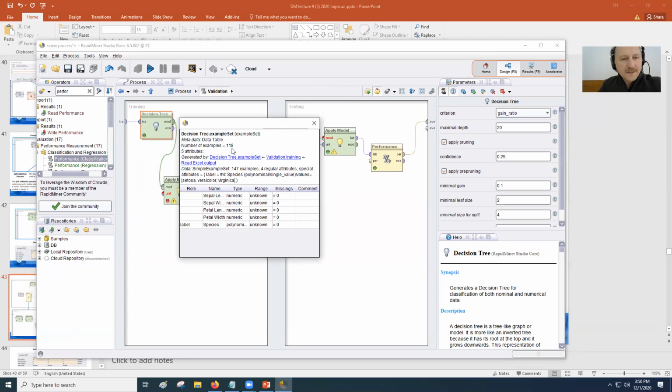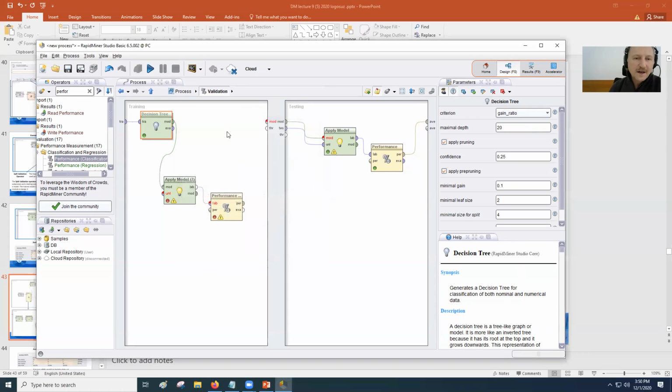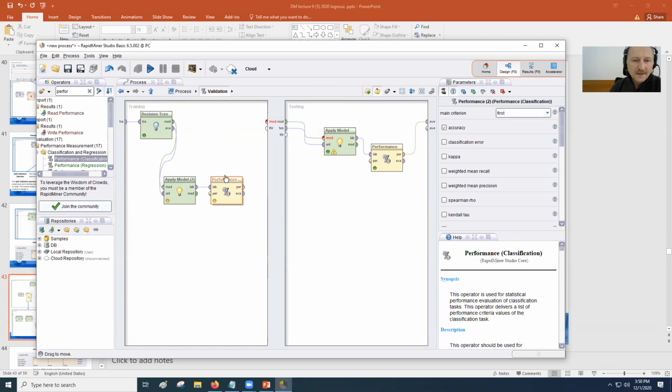Be careful, not the whole data set, but the randomly selected 80% of my training data here. Yes, I can give it to the model, and I can see the labeled output. The model will come from here, and training data will come here, and it will produce one result here.